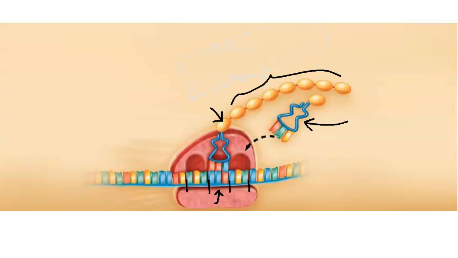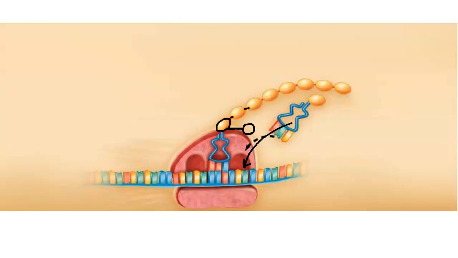What will happen next is the ribosome is going to move down 1 codon. So we can see that this transfer RNA molecule, we're going to imagine that that anticodon is going to base pair with this codon, which means that the amino acid that it's carrying is going to be right next to this amino acid. And what's going to happen is spontaneously a peptide bond will form between those 2 amino acids.